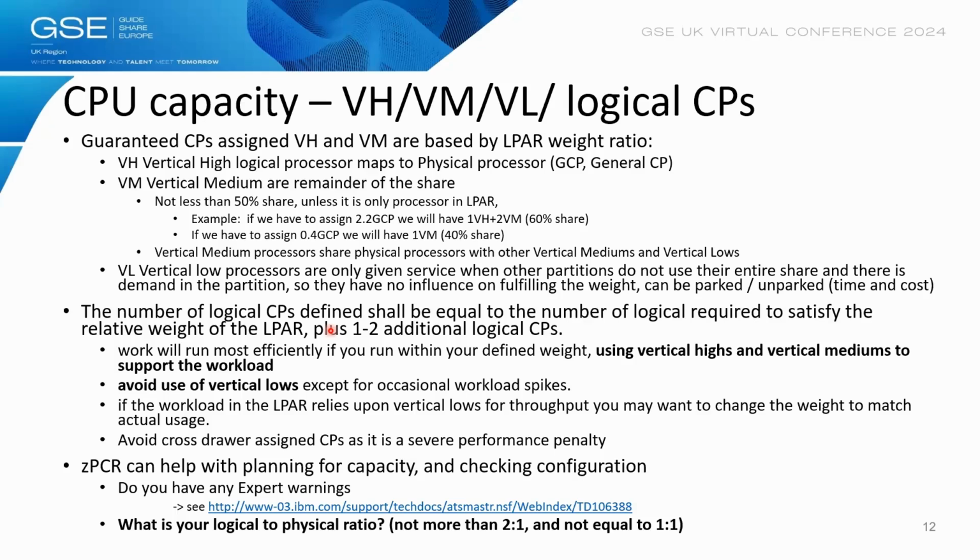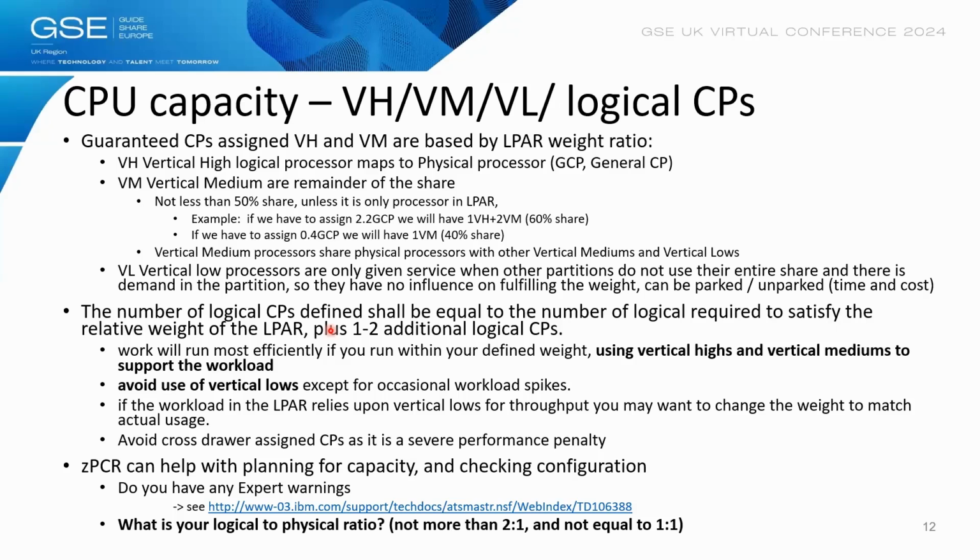Vertical medium is the guaranteed percentage share of the full general CP, and vertical low has no guarantee of any share, but it has the flexibility to adopt some juice from other CPs or to move between the LPARs if there is unused capacity on one LPAR and high CPU demand on the other LPAR, so that this vertical low can be varied off and on by PR/SM accordingly.